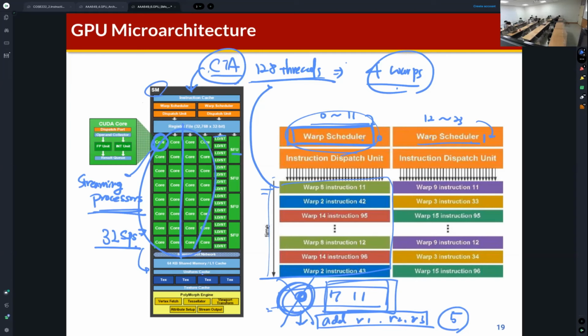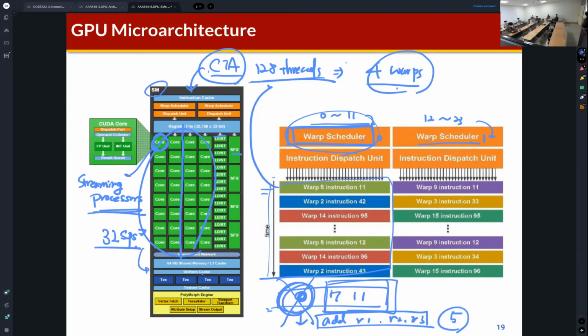A CPU does not support this kind of parallel thread execution, and so does not support very fast context switching. The GPU has a very large register file, and using this large register file, the GPU can quickly execute a different warp if the target warp is not ready.